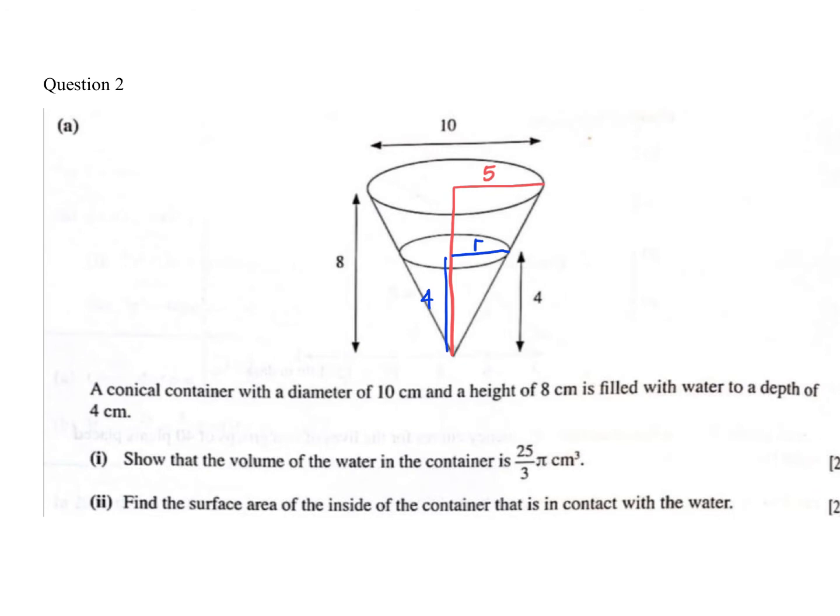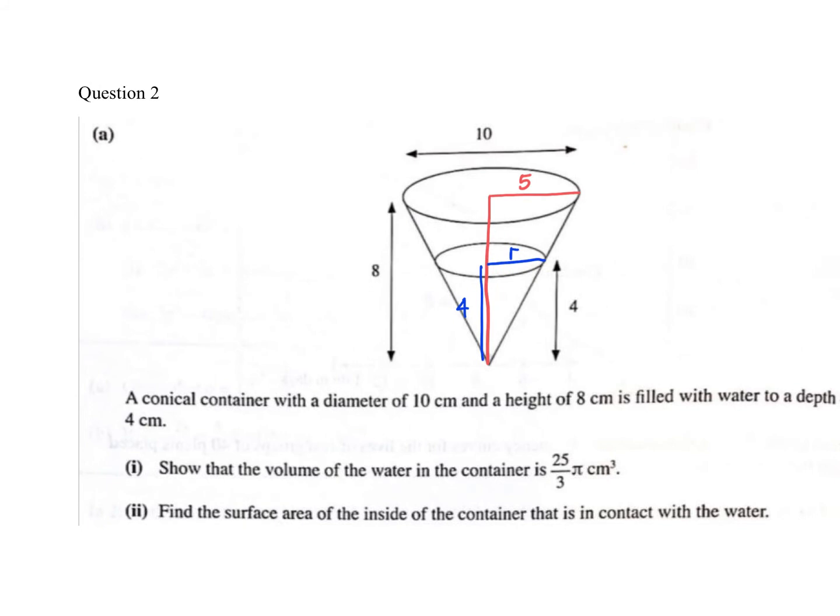Now, the next part of the question says, show that the volume of the water in the container is so much. Before we begin, let me just graphically go through the different formulas that we have. Volume for cone: anything sharp will have 1/3, right? So it's 1/3 times the base area. In this case, the base area is the shape of a circle, so it's pi r square times the height.